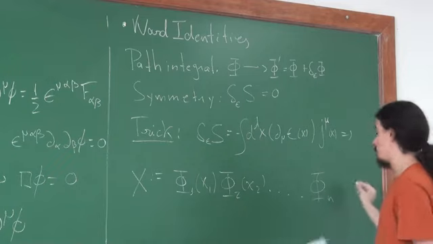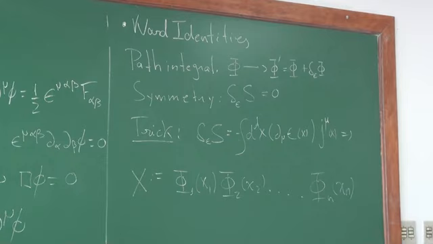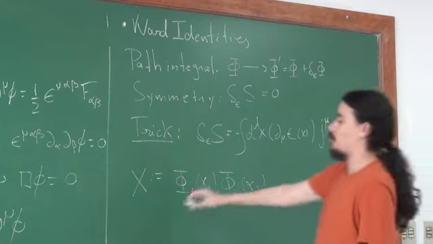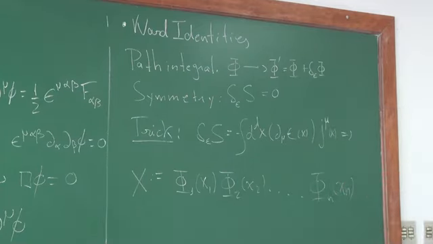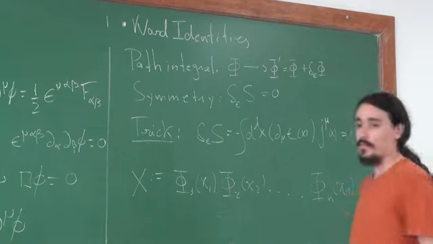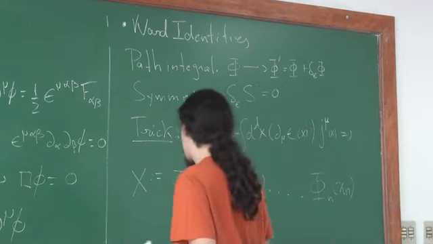In general, different fields at different spacetime points, or different operators at different spacetime points. So this is just a shorthand notation for any operator or any number of operators at any arbitrary points in spacetime.